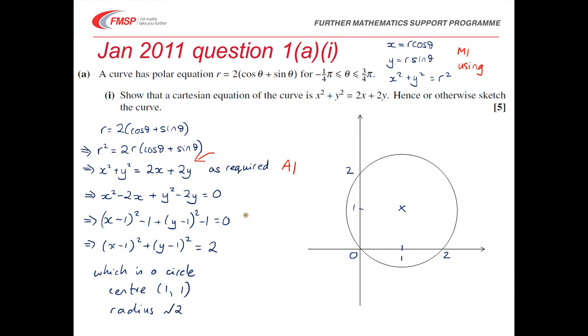There's then a method mark for recognising that this is a circle and using appropriate algebra to get to something in this form. And then for actually drawing the graph, we've got 1 mark for a circle with a centre in the first quadrant, and another mark for the correct centre indicated and the radius marked, or showing clearly that it passes through the origin.